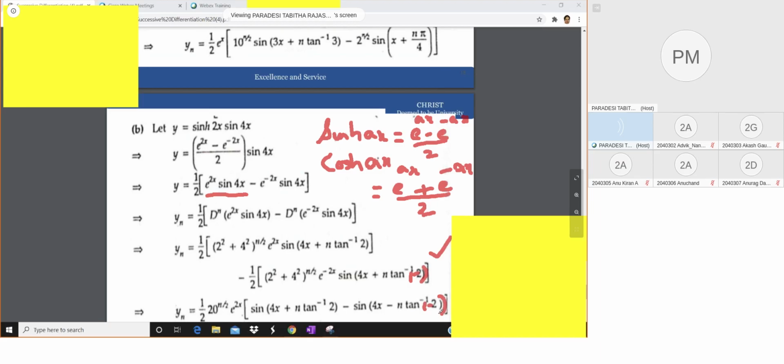Arpan says minus sign was taken out. But one minus has been coming right from the beginning, though the minus is still there. One minus sign has been coming right from the first step. So that minus sign, 4x minus n tan 2.